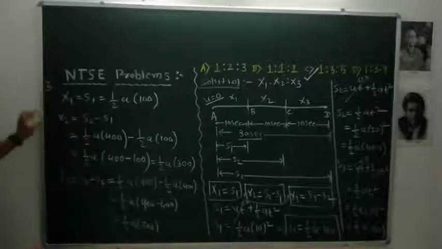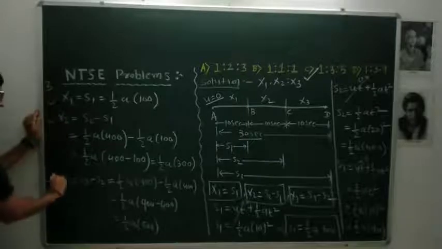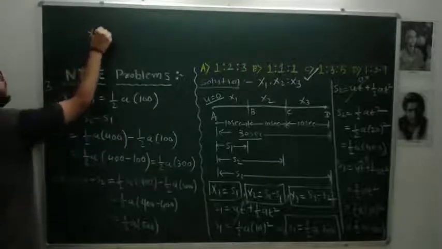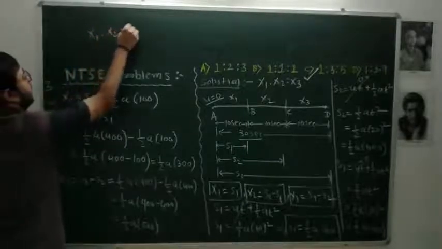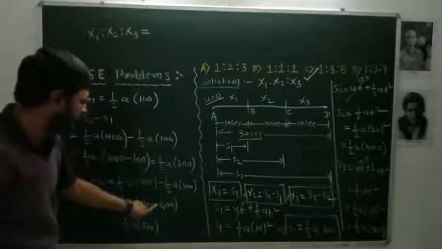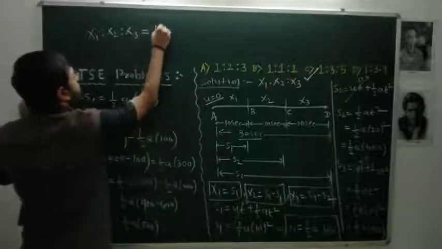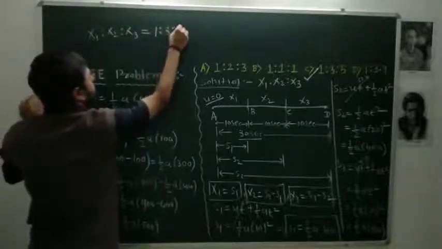Now we take the ratio of x1, x2 and x3. Finally we get x1 : x2 : x3 equal to 1 : 3 : 5.